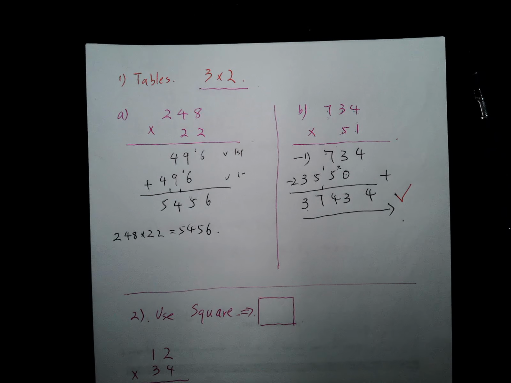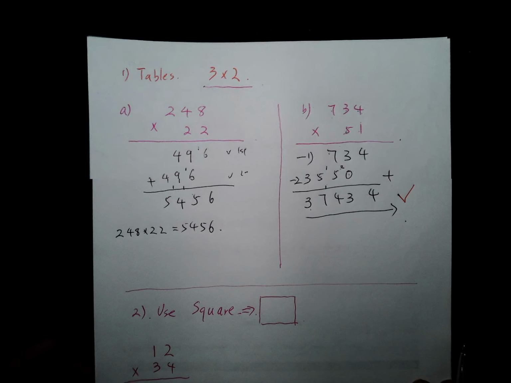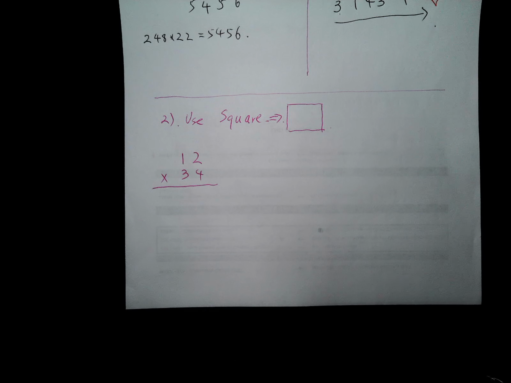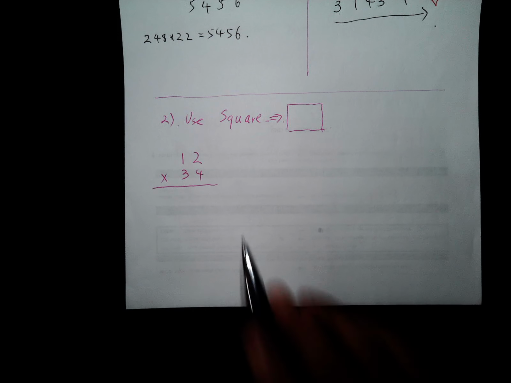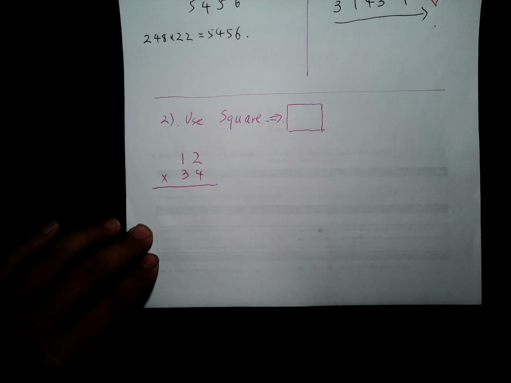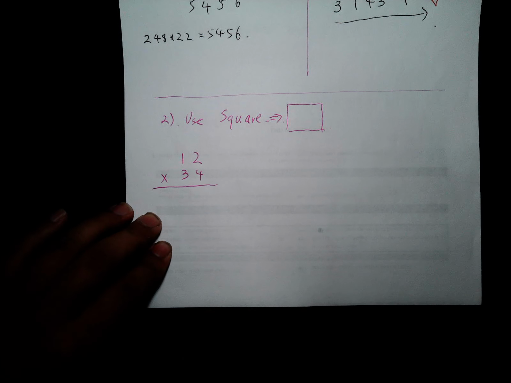Okay, so this is the table scale. The next one I will use is the square. Maybe some students never learned the square, but I'll show you how to use it, because the square is very quick for 2 by 2, 3 by 3, 4 by 4.